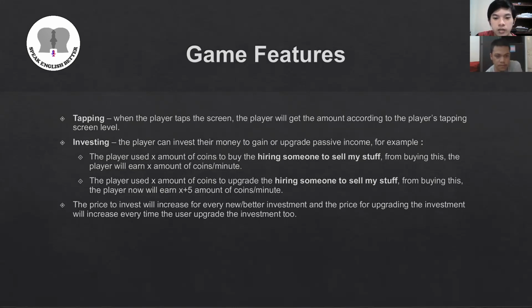From buying this, the player will earn X amount of coins per minute. The player uses X amount of coins to upgrade the hiring someone to sell my stuff. From buying this, the player now will earn X plus 5 amount of coins per minute.